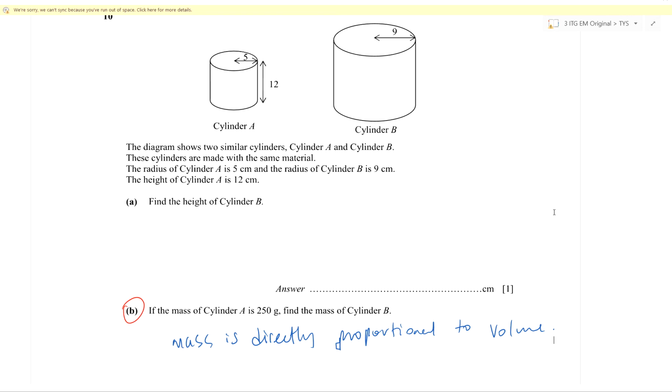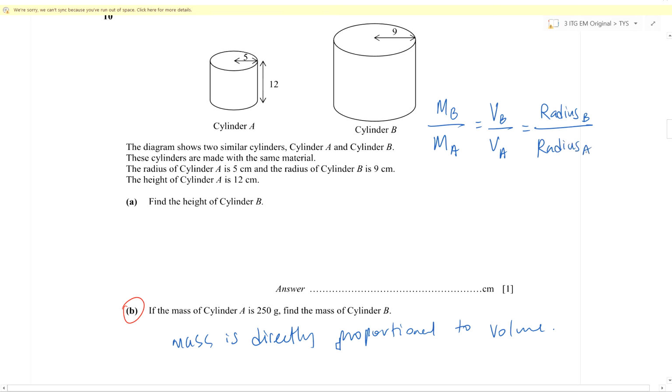These two are similar figures. So mass of B over mass of A must be equal to volume of B over volume of A, which is the radius of B over radius of A power 3.